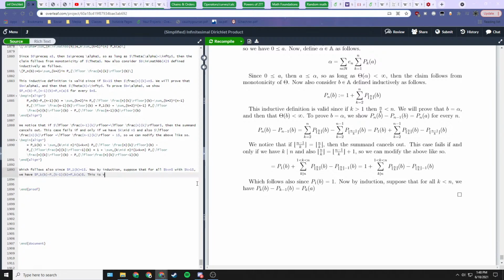This is vacuously true when n equals 2, I think. Modify that.